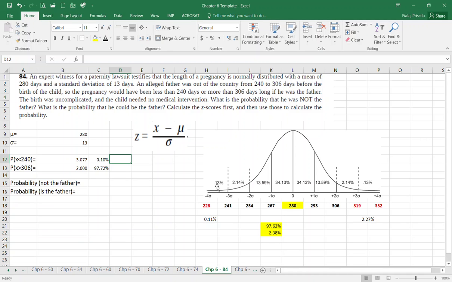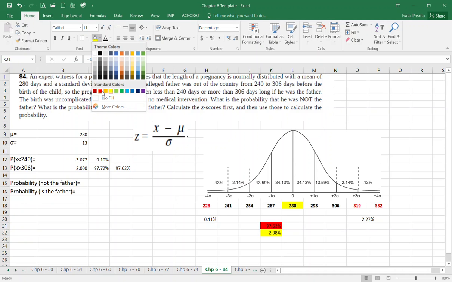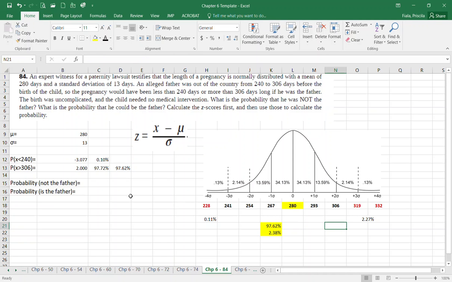So I must eliminate that. So I would do equals all these values right here minus my 10% over here. Bingo. Look at that. Actually, it's quite exciting for me. When you get a perfect amount without even calculating your z-scores.